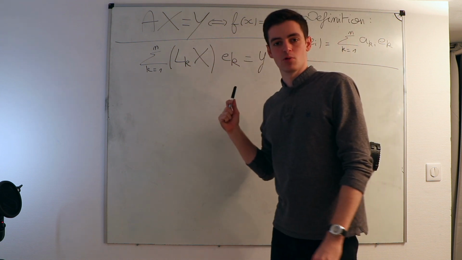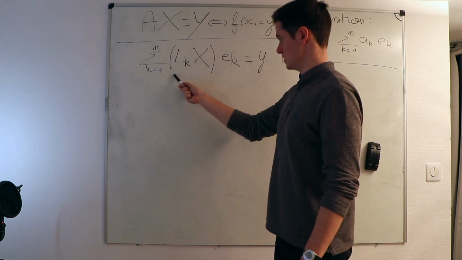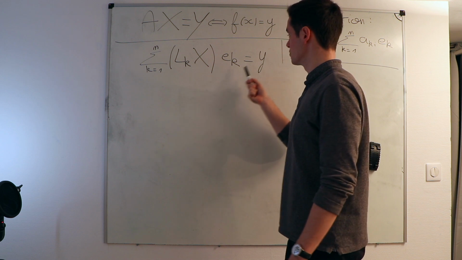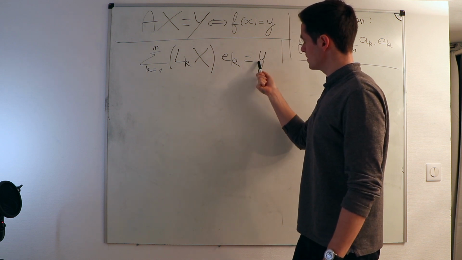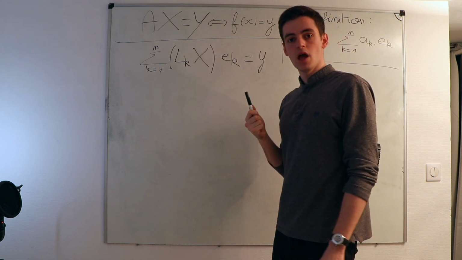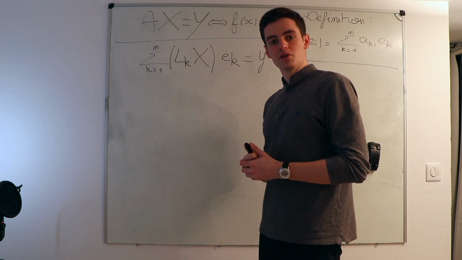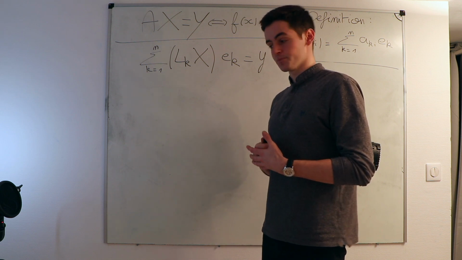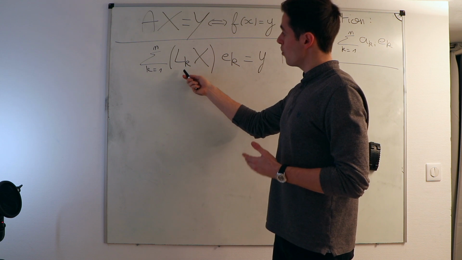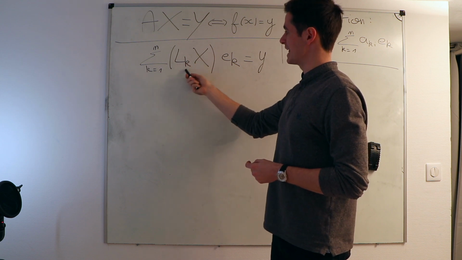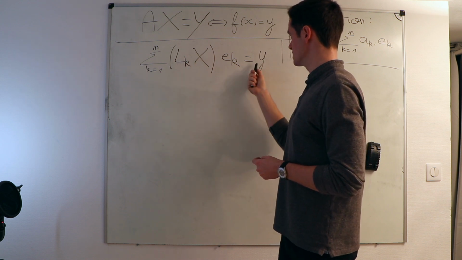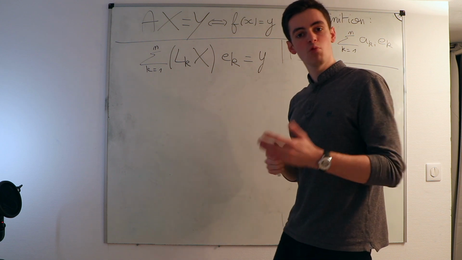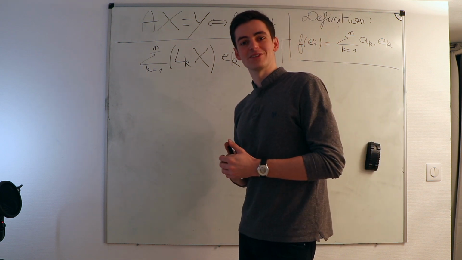So F of x is equal to y implies that the coordinates of this vector are the same as the coordinates of the vector y. And by uniqueness of the coordinates of a vector in the basis, for all k between 1 and n, Lk times x is equal to yk. And we've proven what we wanted to prove.